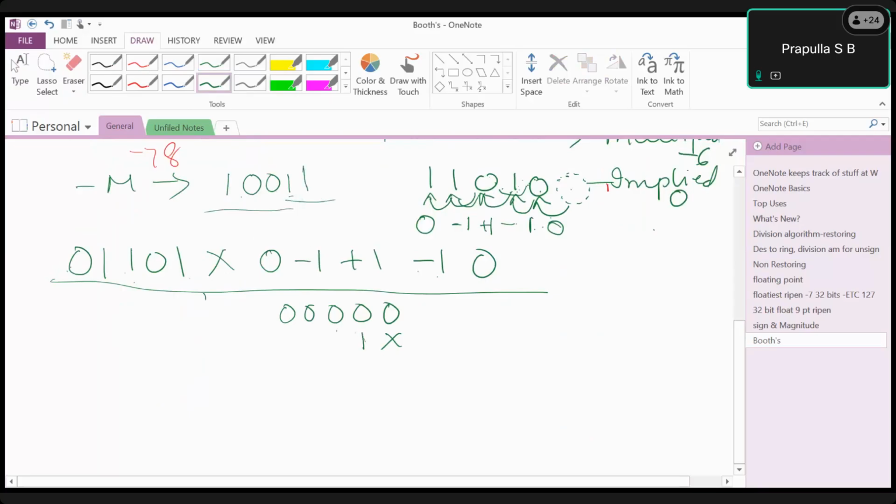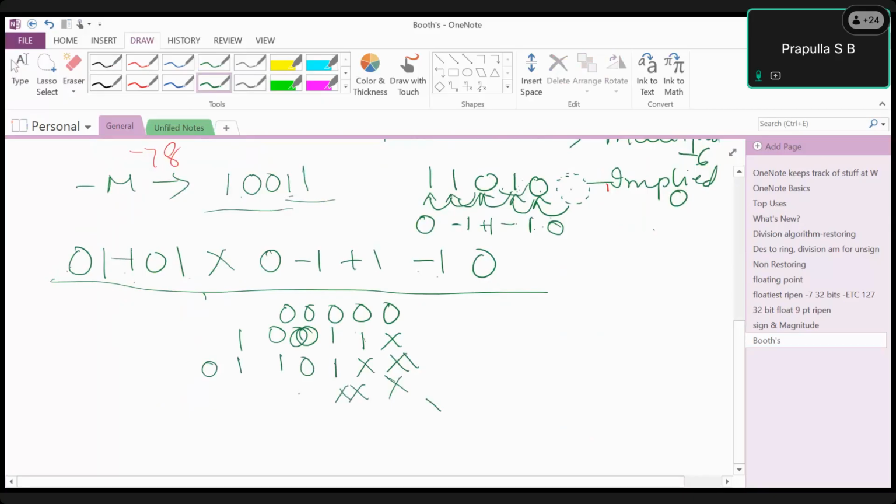I'll write down this value here. Then the next one is +1. If it is multiplication by +1, then you just write down the multiplicand as it is. So your multiplicand is 1, 0, 1, 1, 0. Then you have to shift by 3 bits.